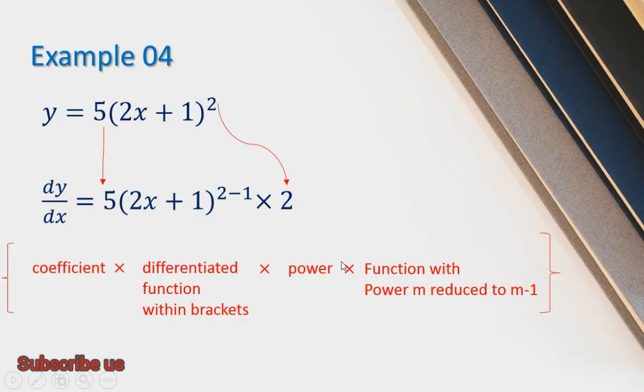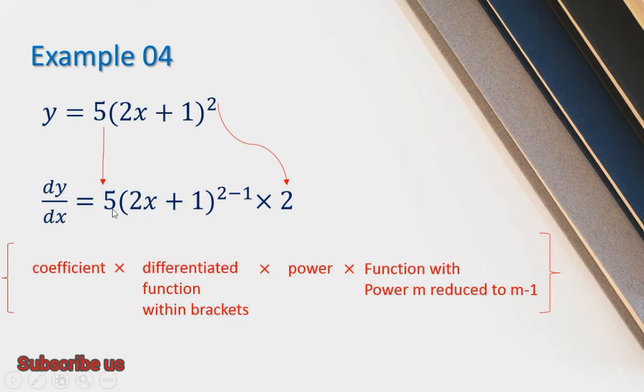Okay, next example number 4. Y equal 5 times (2x plus 1) square. Then we can get dy by dx equal 5 times (2x plus 1) to the power 2 minus 1 times 2.